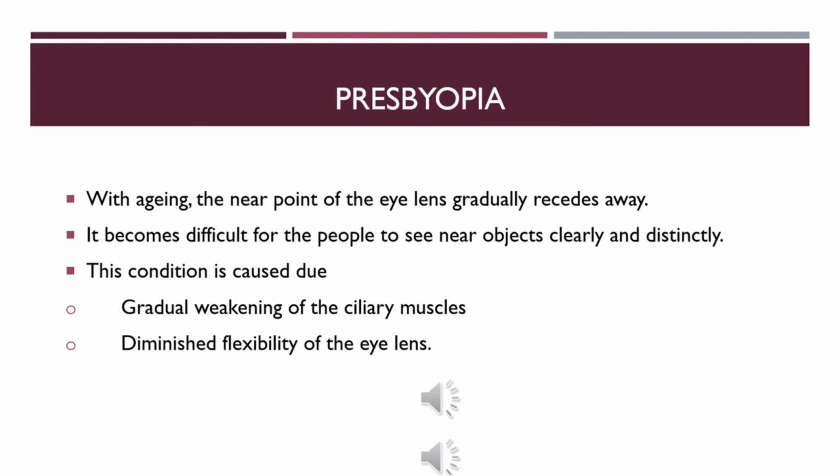The third defect is presbyopia. With aging, the near point of the eye lens gradually recedes away. Many people suffer from this defect. It becomes difficult for people to see nearby objects clearly and distinctively. This condition is caused by gradual weakening of the ciliary muscles that help in viewing near and distant objects, and it may also be caused by diminished flexibility of the eye lens.